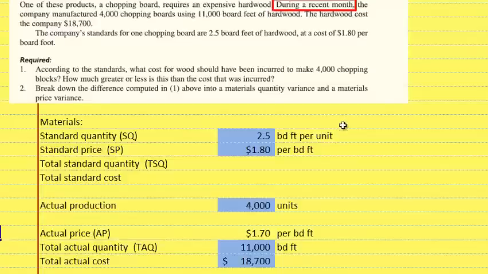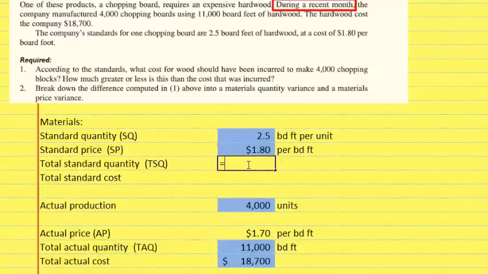So let's compare $1.80 per board foot and $1.70 per board foot. That's our standard price and our actual price. And looking at those, we can see that the materials price variance is going to be favorable. We spent 10 cents less per board foot than we expected to. Now let's go ahead and compute our total standard quantity.